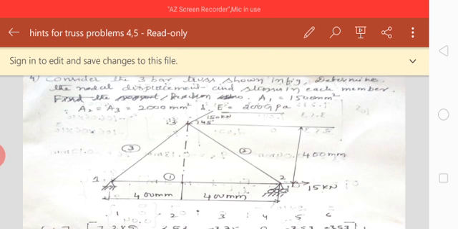And one more difference is there: in the last previous video class, exactly at node 2 there is no load acting, but here load is acting in positive direction along x-axis, that is 15 kilonewton. This is one of the important problems, and this problem also I am going to solve in ANSYS lab also. Okay, next we go for next problem.